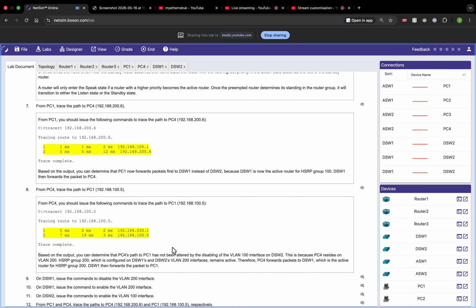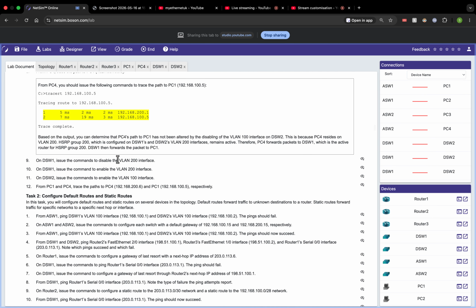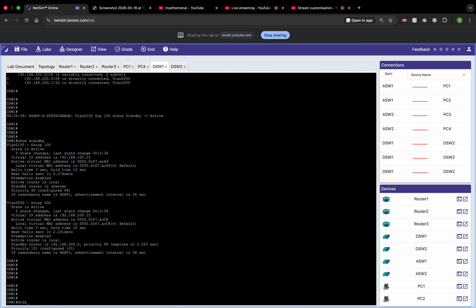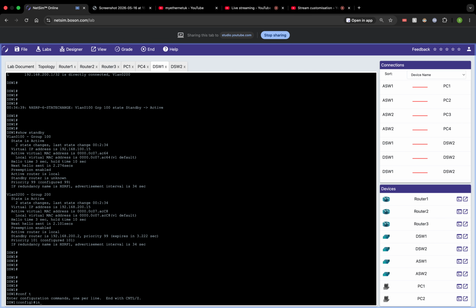What are we doing now? We do the same traceroute here. So we go to 100.5 now, and it's gone through 200.1, which is fine.